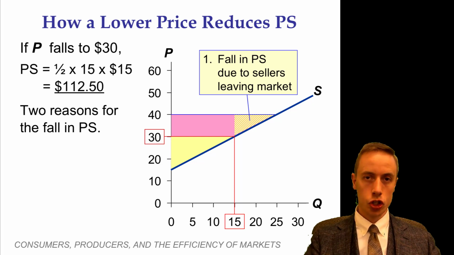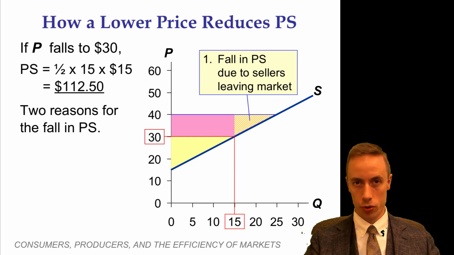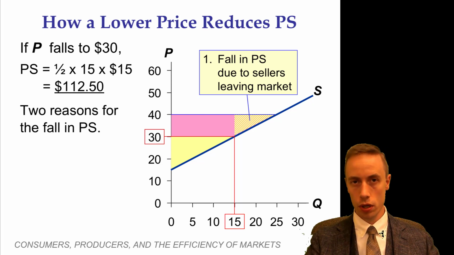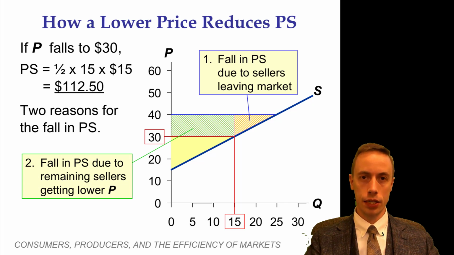Secondly, the shoes that still are sold, there are 15 of them, those sell for $10 less each. So 15 shoes times $10 less each, that's $150 less our sellers are earning from those shoes.